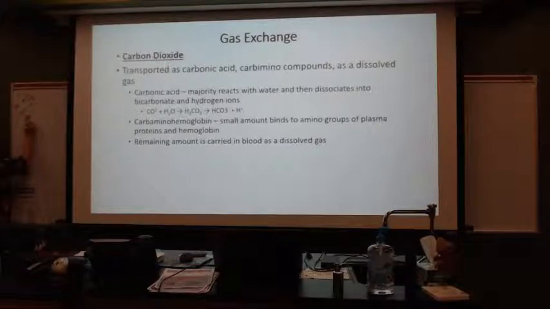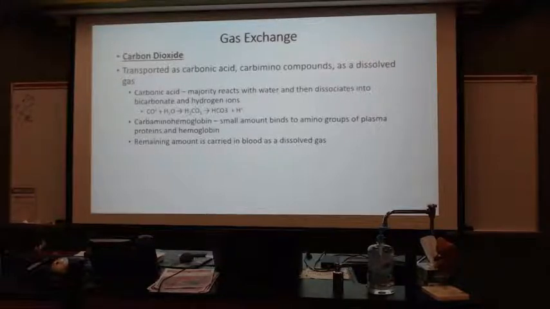Carbon dioxide will attach to the globin. So, our hemoglobin molecule can carry CO2, but it really wants to focus on the oxygen.